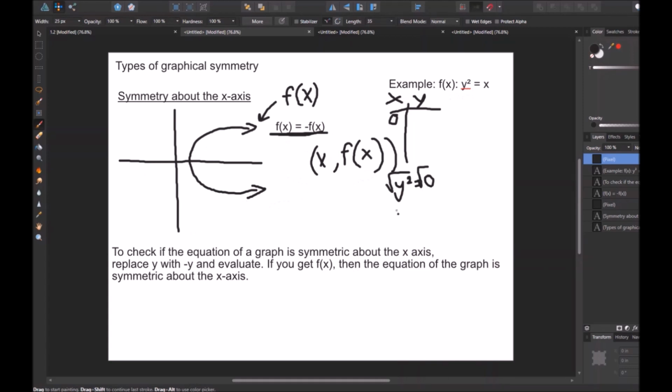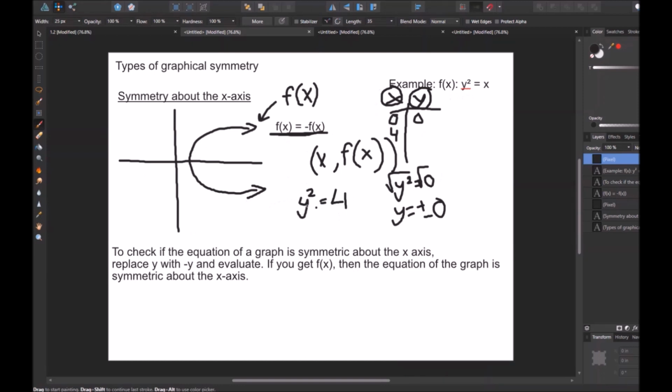The square root of 0 is just 0, but it would technically be plus or minus 0, but that doesn't really matter. Now if we plug in another point for x, such as 4, remember our y is our f of x, so this is x, and this is f of x, the function evaluated at x.